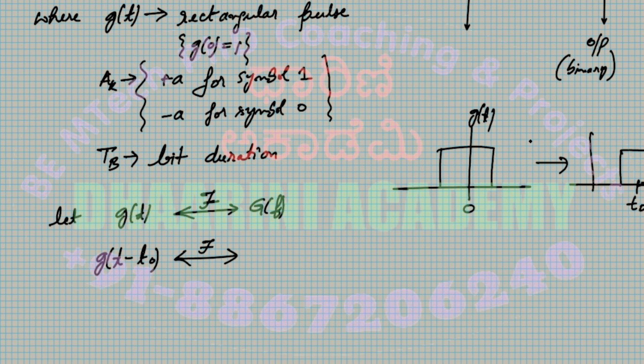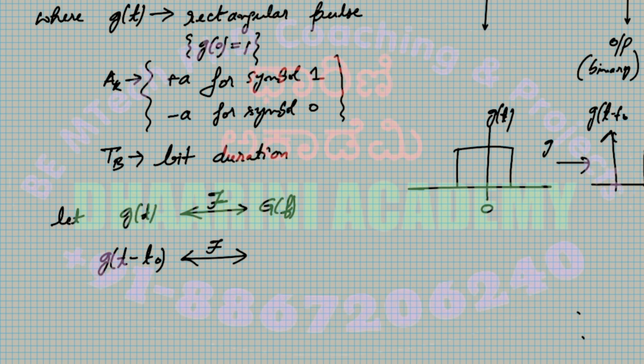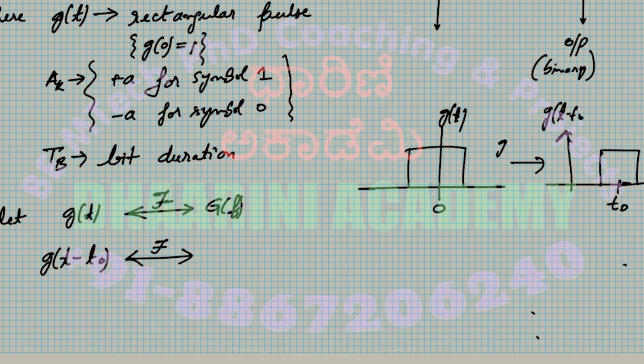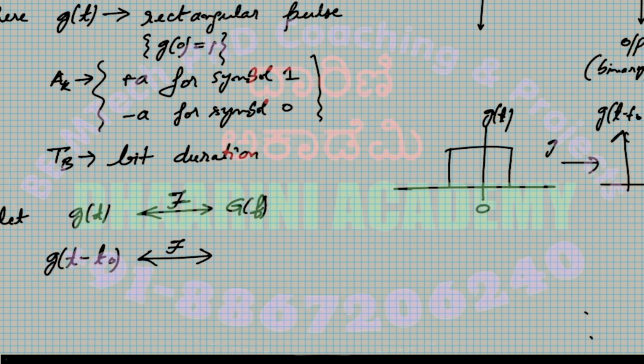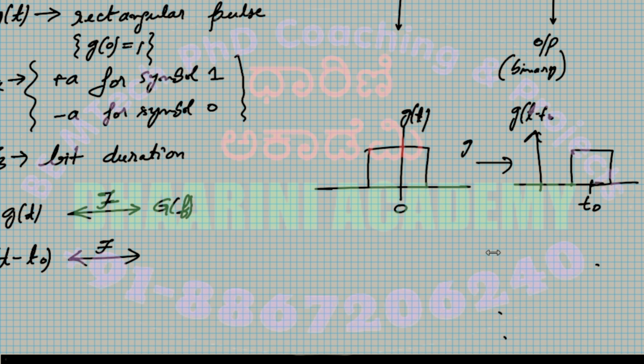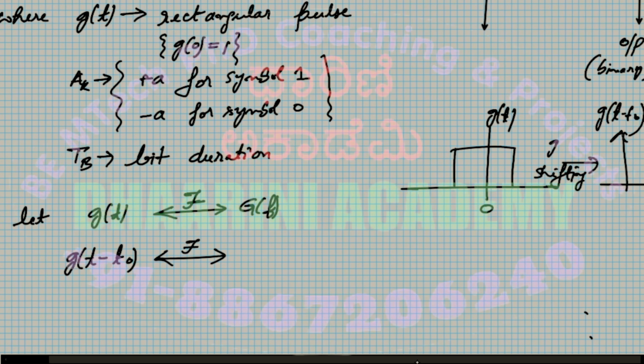This is what happens: g of t minus t naught. Okay, so g of t was there. I performed what is called shifting. So this is a right shift because t minus t naught, correct?